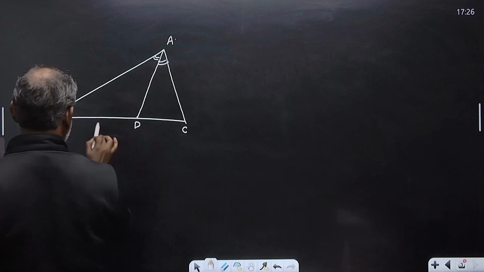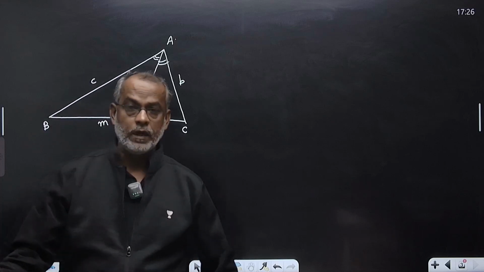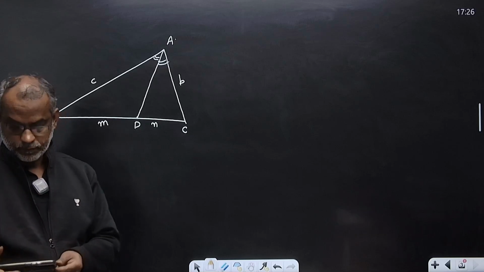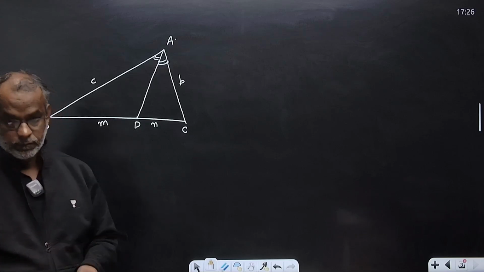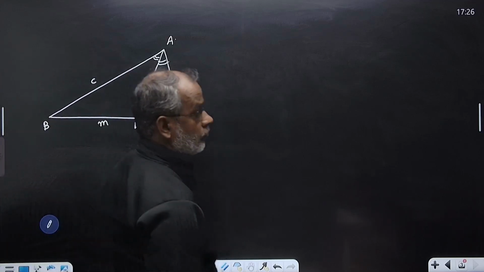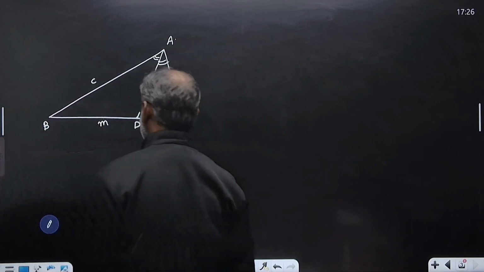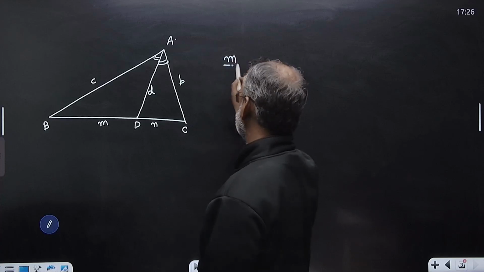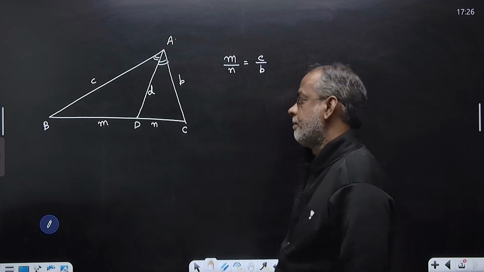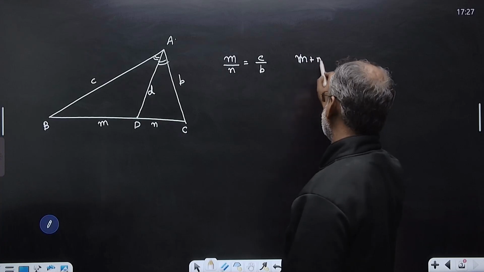These lengths, as always, are M and N, and suppose this is D. If you want to find the length of the angle bisector in terms of this, now we recall, I hope you remember, we have already gone through this: M by N is C by B, and M plus N is A.